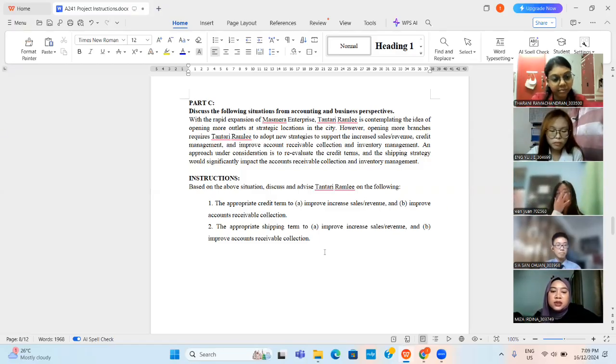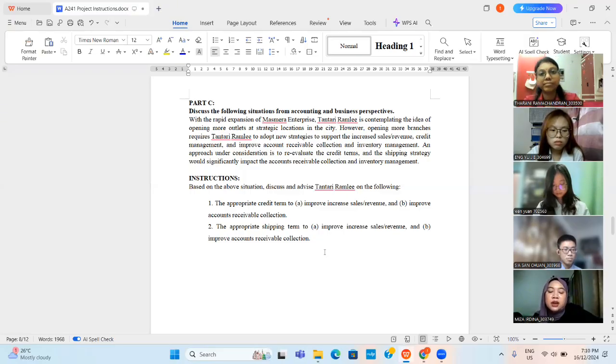By guaranteeing that the products are transported on time, it lowers the expense of keeping inventory on hand, and by accelerating the creation of accounts receivable, it could improve cash flow even more. So Tantari Ramli could keep delivery times short. I believe this step will boost Tantari Ramli's financial performance and achieve their business growth.